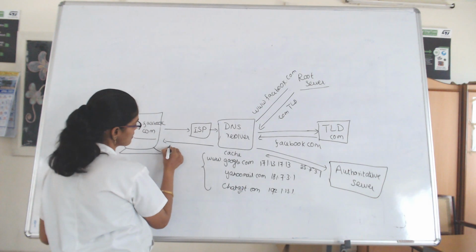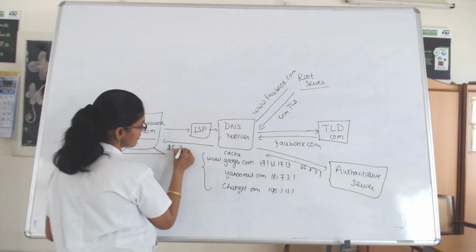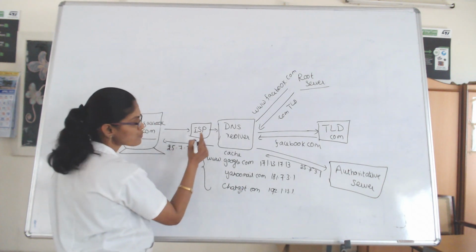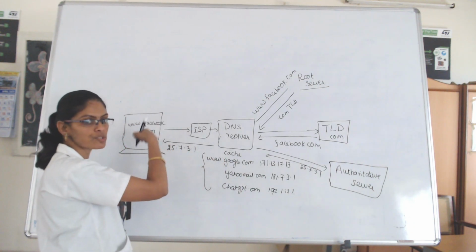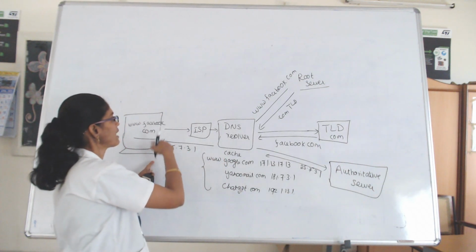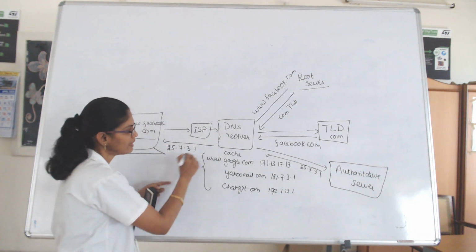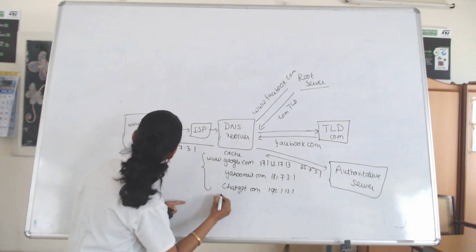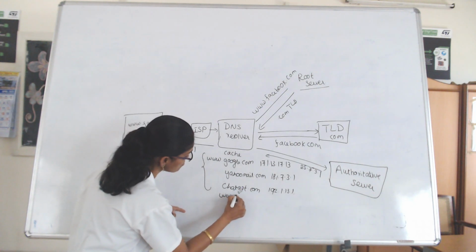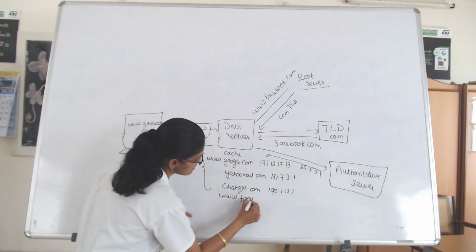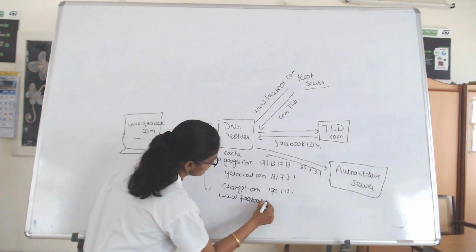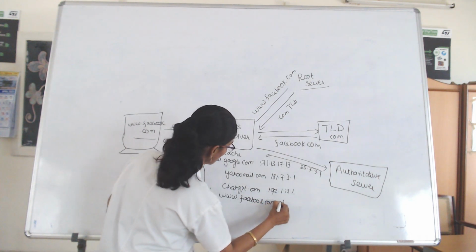What is the IP address? The IP address is 25.7.3.1. So this information has been passed to the host system, which requested facebook.com's IP address, and it will store this information in its cache memory. So facebook.com's IP address will be stored in the cache memory.